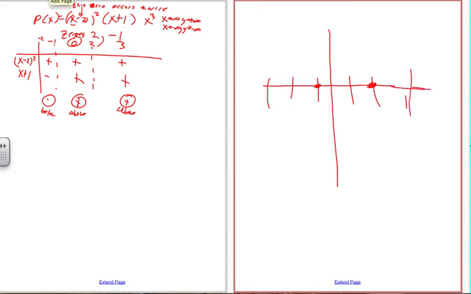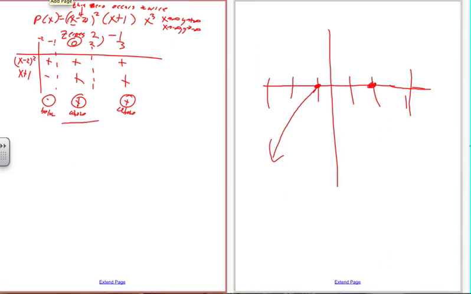Okay, down here, I know I'm below it. I'm going to negative infinity, so this guy is just going to drop off. At this point, we don't really know what it is. We know it's going to drop off. Between here and here, I'm going to be above it. It's got to come back down.